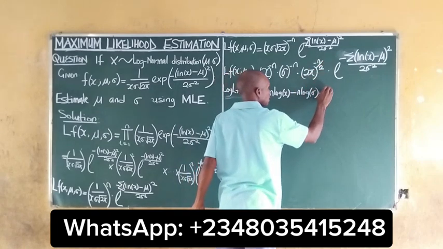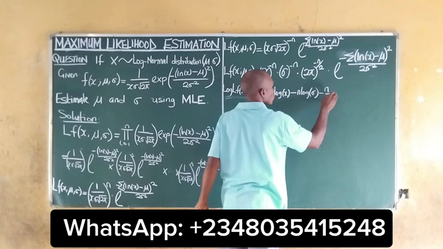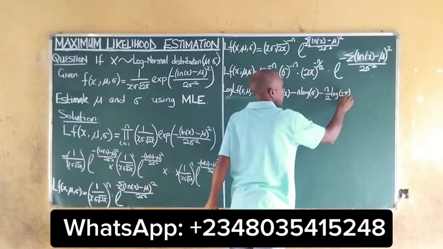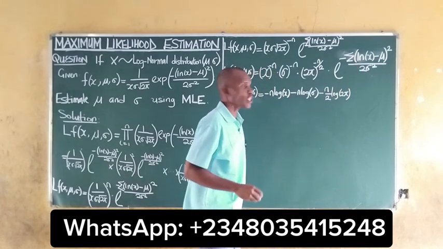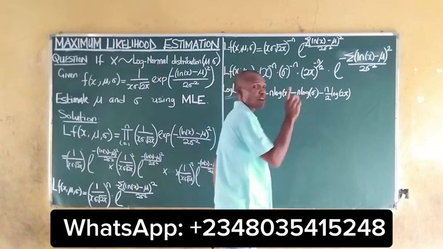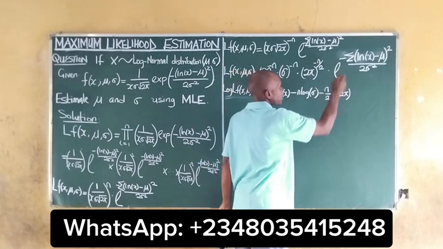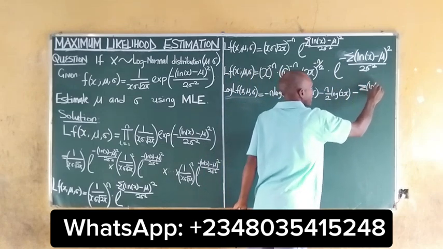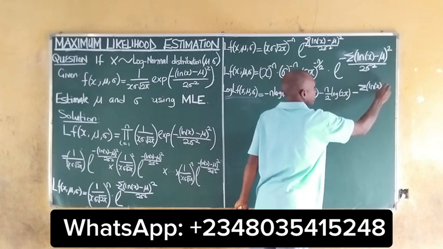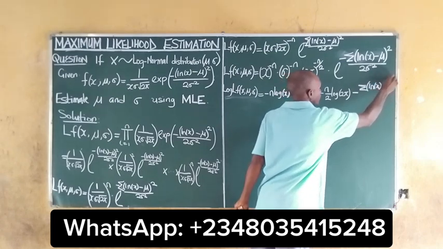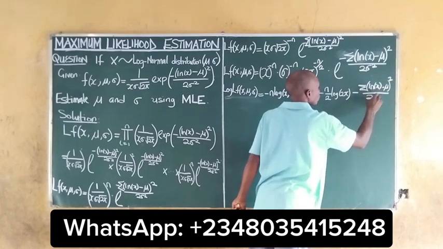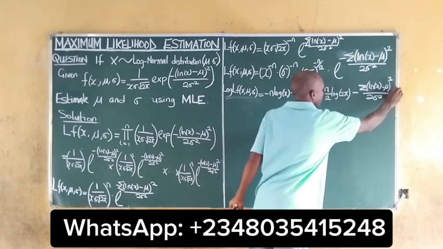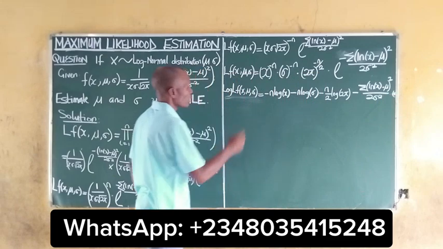Because of this, we have negative n all over 2 log 2 pi. If we take the log of an exponential, we get that same thing. So we have negative summation of ln x i minus mu raised to the power of 2 all over 2 sigma squared. Let's take this as our equation star because we will recall it back.